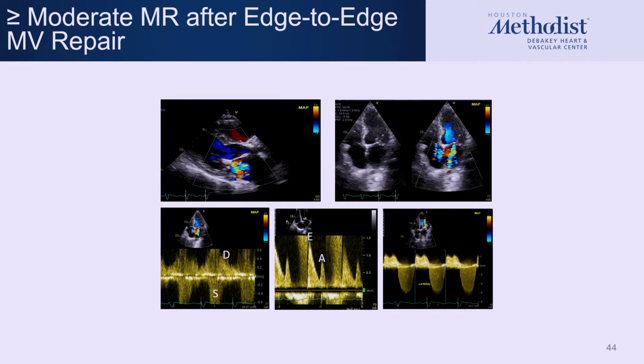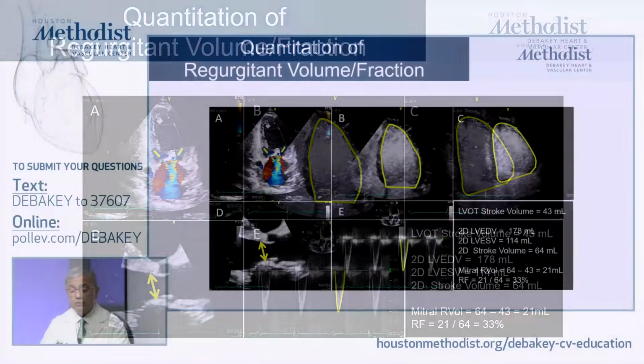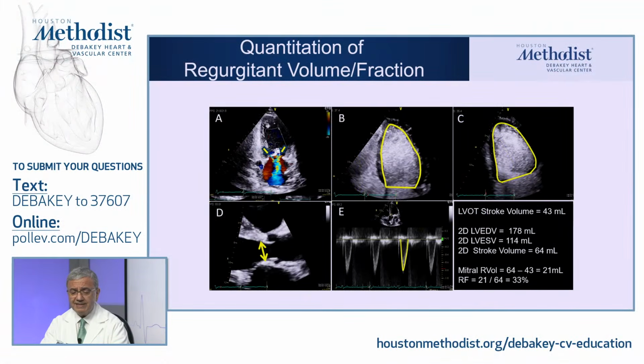When it gets a little more significant, it becomes problematic to measure it using PISA, because PISA is really not advised in those situations except qualitatively, and you may need further quantitation. And if you want to do quantitation, you use contrast so you don't underestimate the size of the ventricle and its stroke volume, and compare it to a systemic output either in the LV outflow tract or pulmonic.